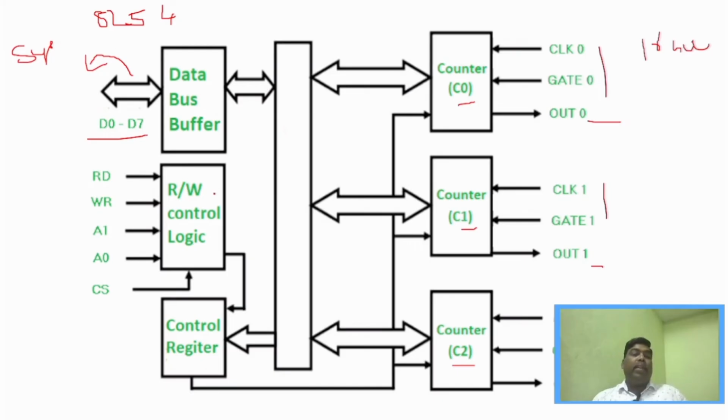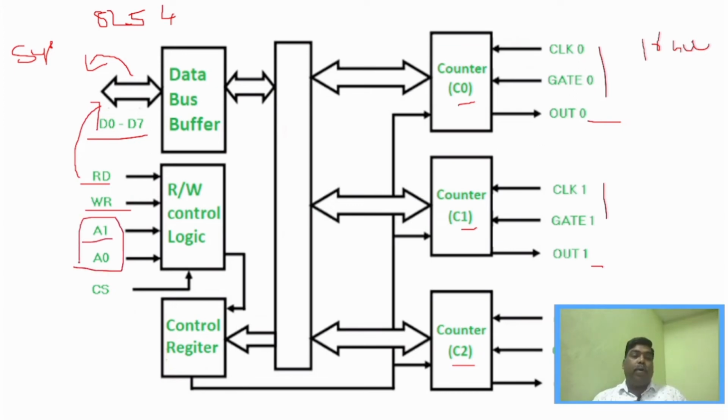And apart from it, as we saw in 8255, we have read-write control logic, where we can see we have read and write signals, right? These read and write signals are used to read and write the contents in this particular data register, the data bus buffer. And similarly, we have A1, A0.